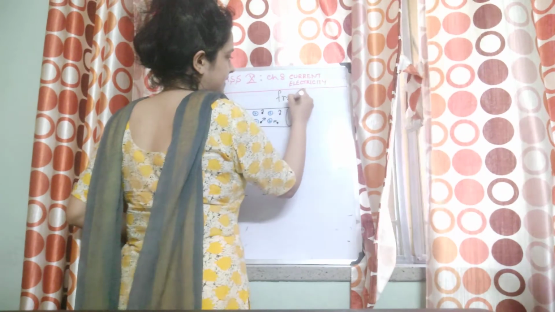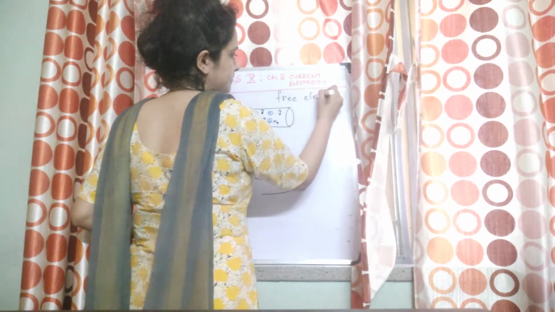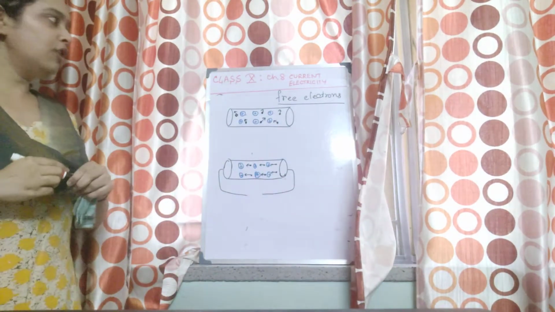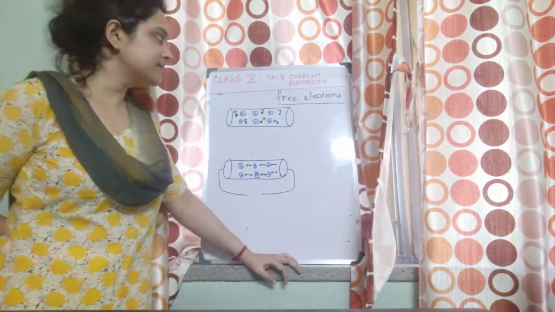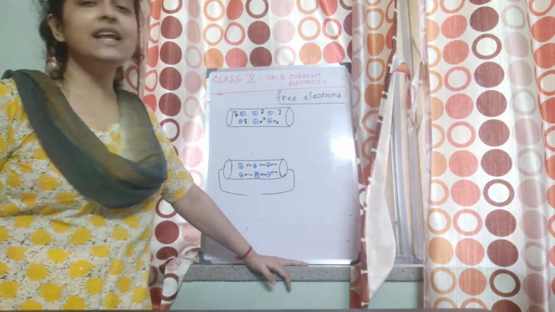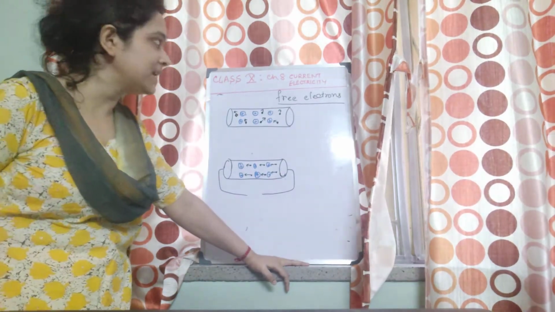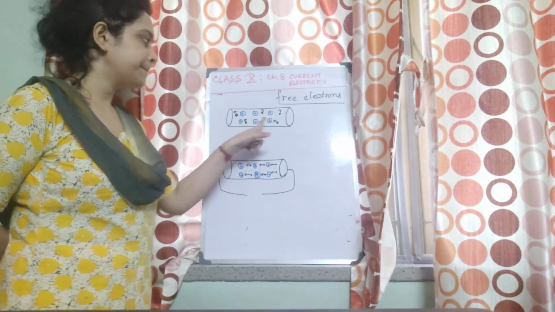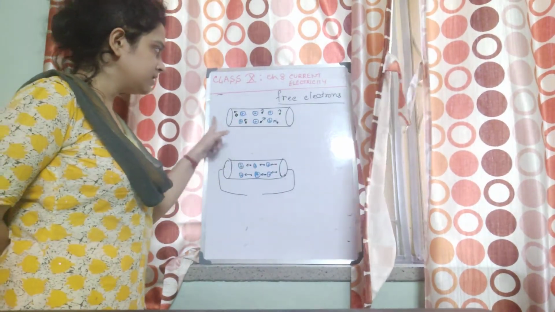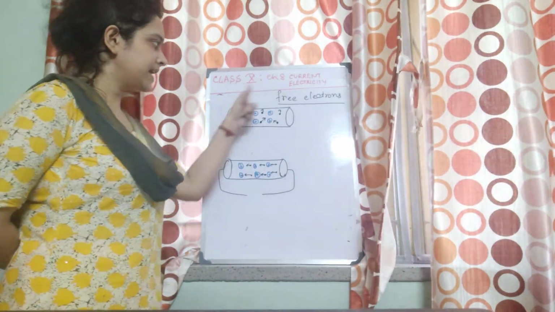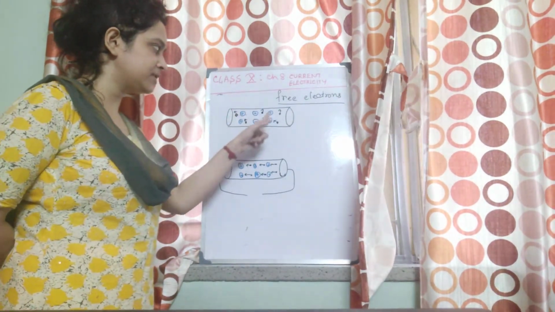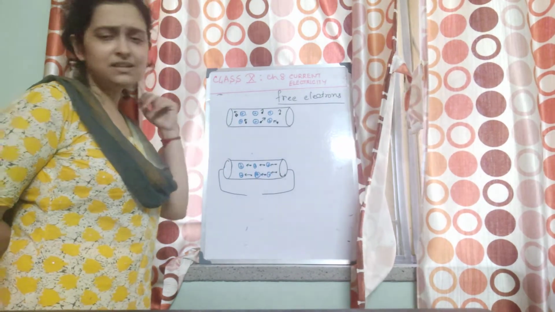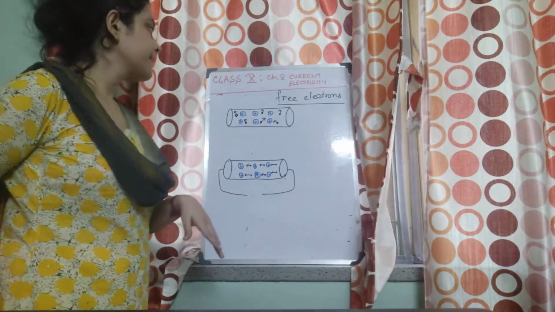In chemistry, I think you have learned the outermost orbit electrons in the metals are very loosely bound and they can easily be knocked out from the metals and they can roam about freely. So this is a condition where the positive ions are fixed in their positions but the electrons can roam about freely. These are the free electrons, okay?